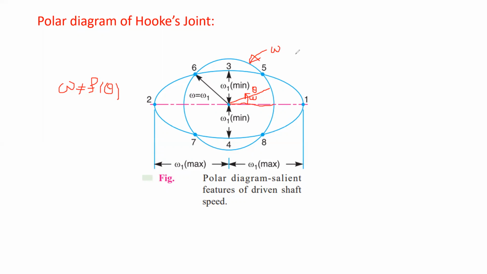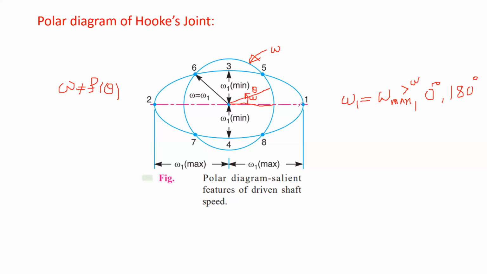Now let us talk about omega 1. We know that omega 1 has its maximum value at what angle? At 0 degrees, and at 180 degrees. This maximum value of omega 1 is greater than omega.